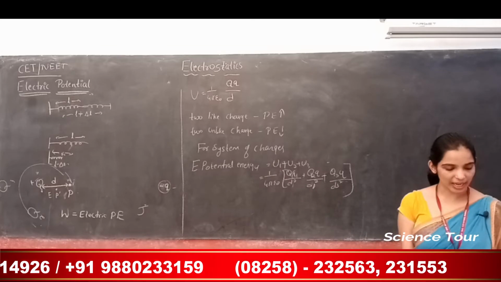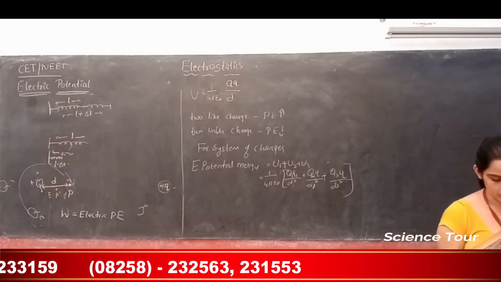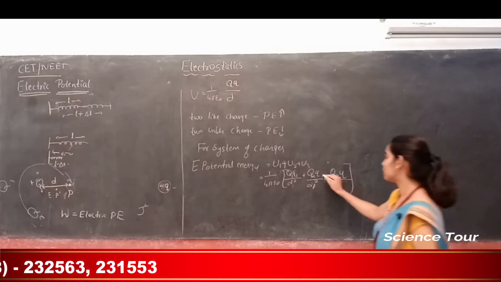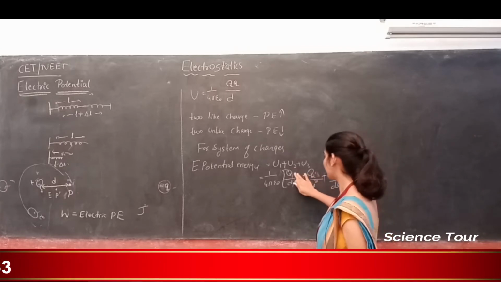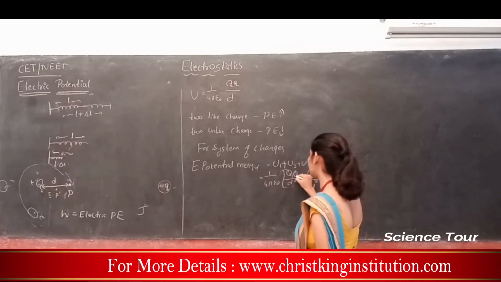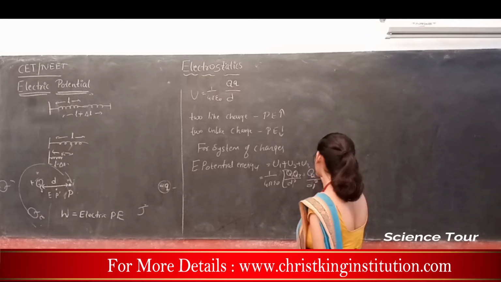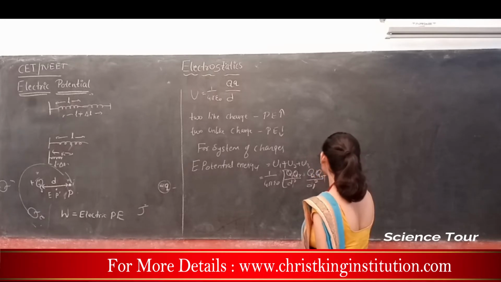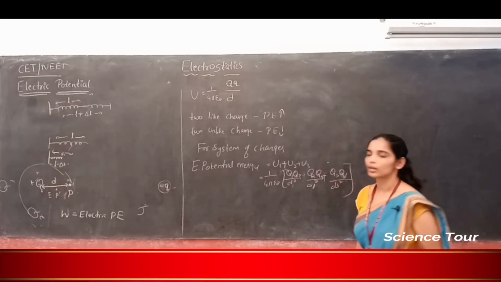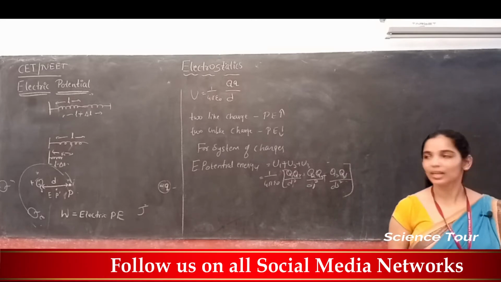So the potential energy will be, taking a random example, Q1 into Q2 plus Q2 into Q3, plus Q3 into Q1. So this will be the potential energy.